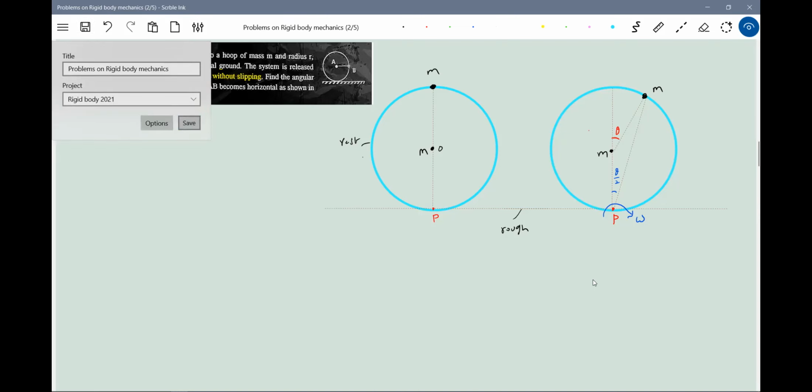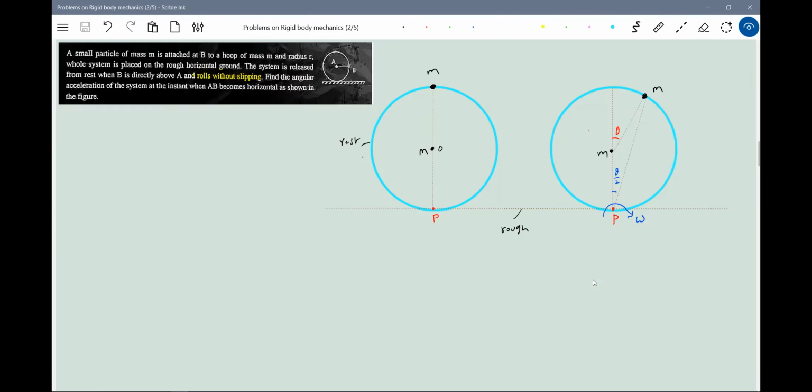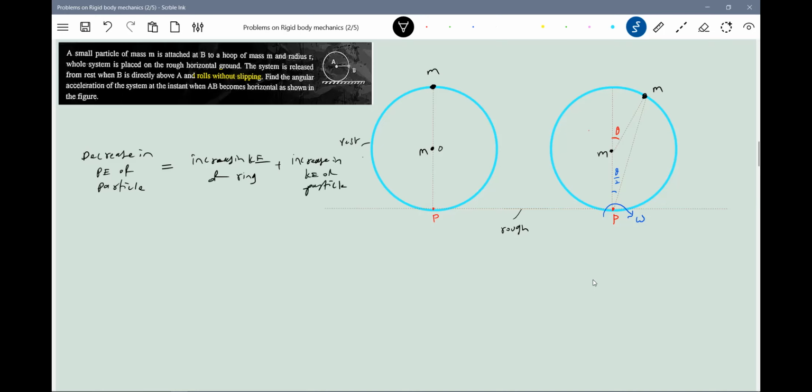Nothing wrong, we can think like this also. So we'll do one thing: decrease in potential energy of particle equals increase in kinetic energy of ring and increase in kinetic energy of particle.